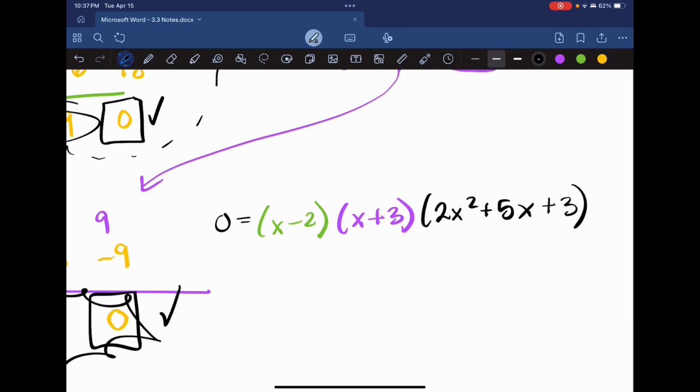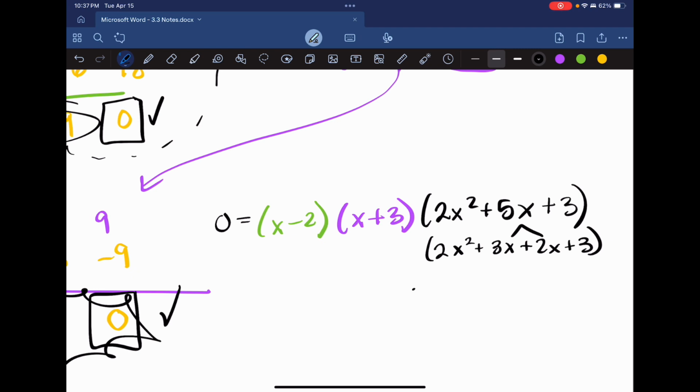Okay, so to find our zeros, we've got to start by factoring my trinomial here. So this would factor, we've got 2x squared plus 3x plus 2x plus 3. Yep, that's how that would factor by grouping.